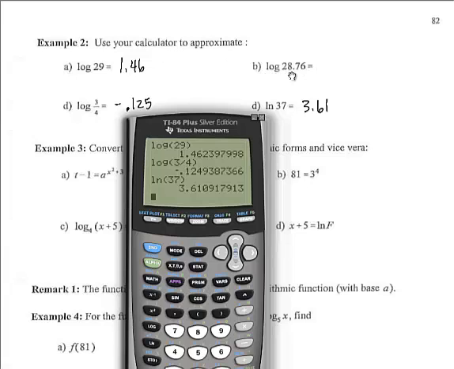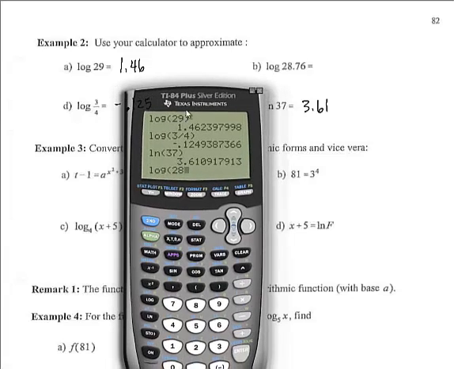And finally, we have log of 28.76. 0.76, enter. And if I round it, 1.459.